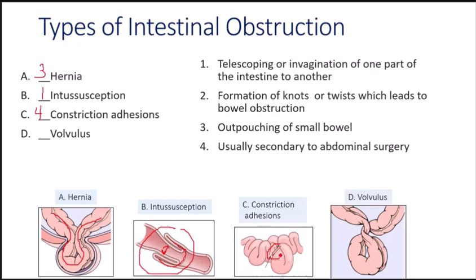So we can see an adhesion formed here, which is almost like you've had a piece of tape that's connected two areas, and it can prevent the normal movement of food through the intestinal tract. And then in our fourth example, we have a volvulus. A volvulus is the formation of knots or twists that can occur that naturally will lead to an obstruction, physically blocking food from being able to properly move through.